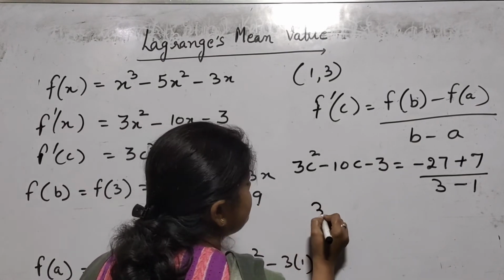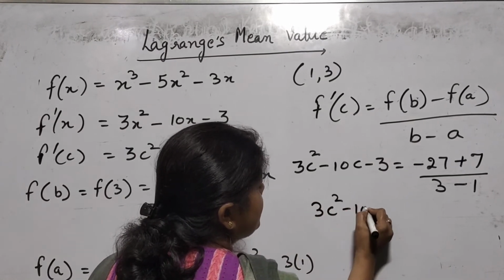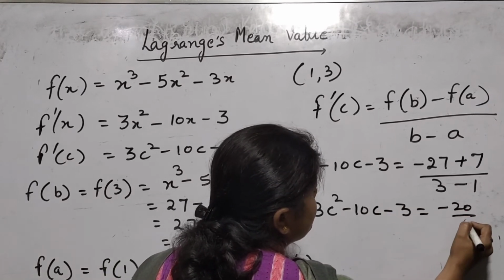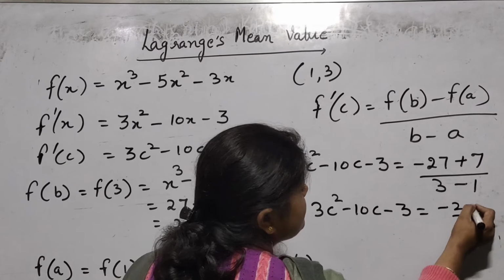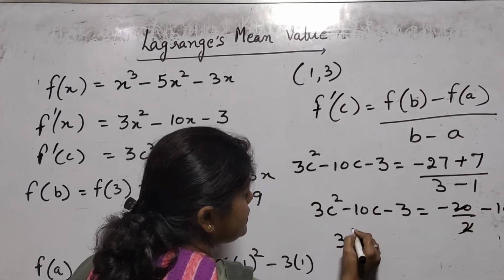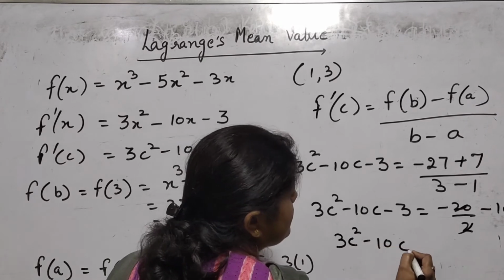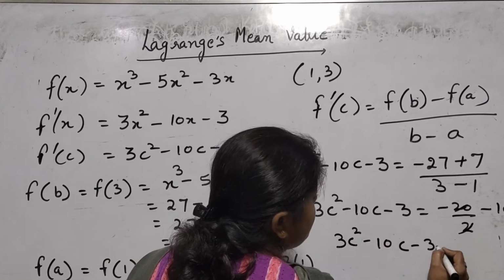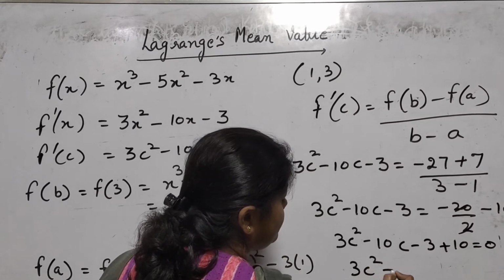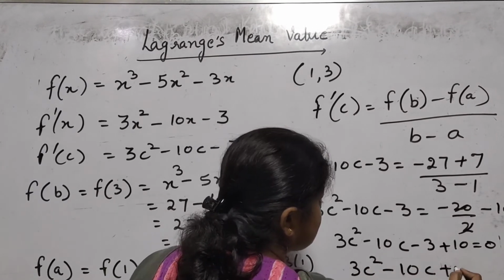So we get 3c square minus 10c minus 3 equal to minus 20 over 2, and we are left with minus 10. So bringing it over here, we get 3c square minus 10c minus 3 plus 10, so we get the equation 3c square minus 10c plus 7.